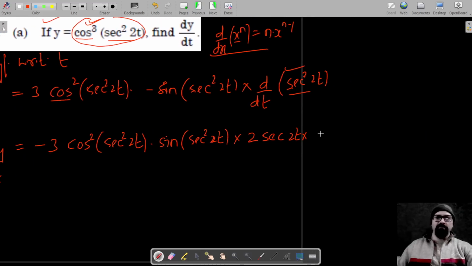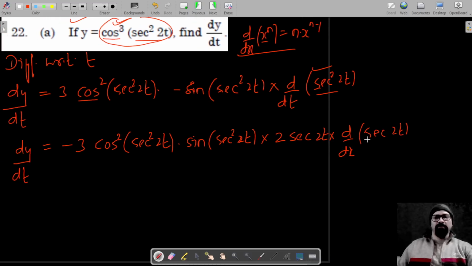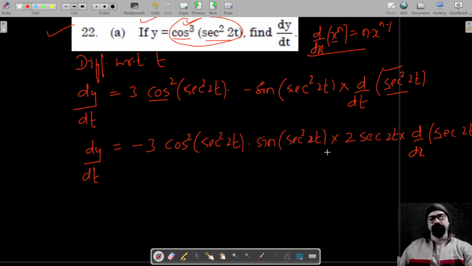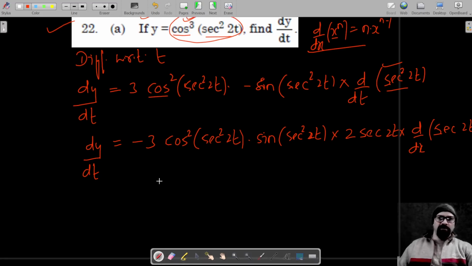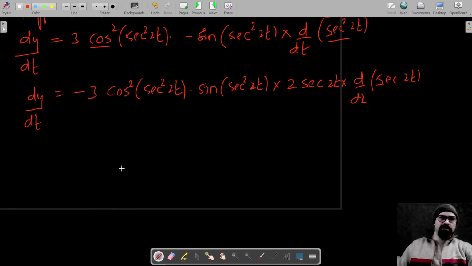And now the differentiation of secant 2t. So what is the differentiation of secant? So differentiation of secant is secant into, okay, so finally we have, let me just write it down.